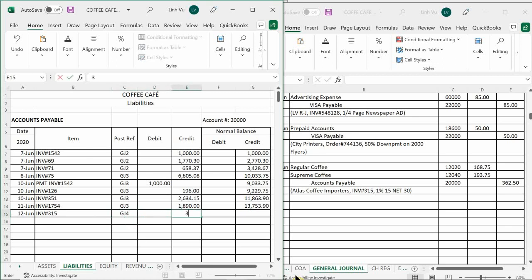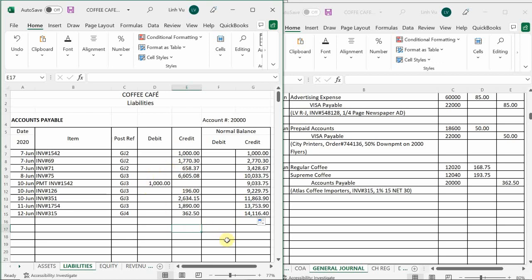By another $362.50. Okay. So therefore, I now racked up another amount here, so it increased me to $14,116.40. Okay, once again, not looking too good.